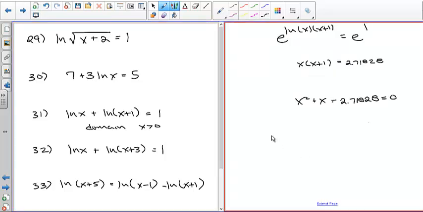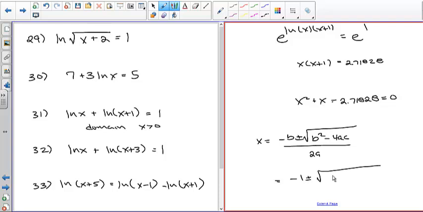So x is going to be minus b plus or minus the square root of b squared minus 4ac over 2a. So b is 1, so you get negative 1, plus or minus the square root of b squared minus 4 times a times c.